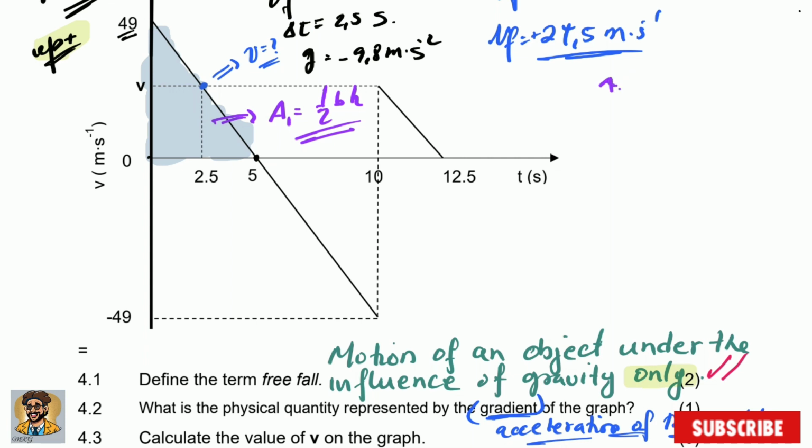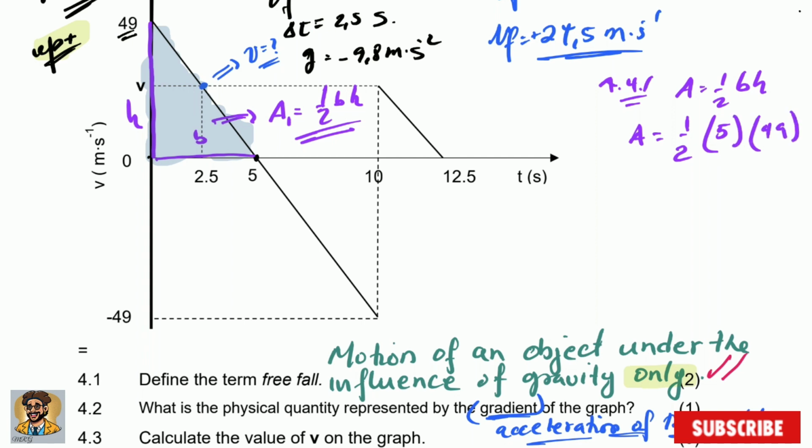Let's do it on this side. 4.4.1: area is equal to half base times height. The height is 49 and the base is 5. If we substitute, area is equal to half multiplied by 5 by 49, and this will give you 122.5 meters.